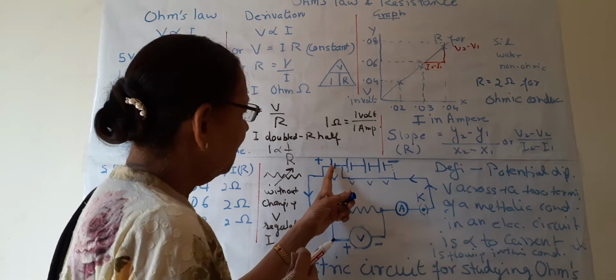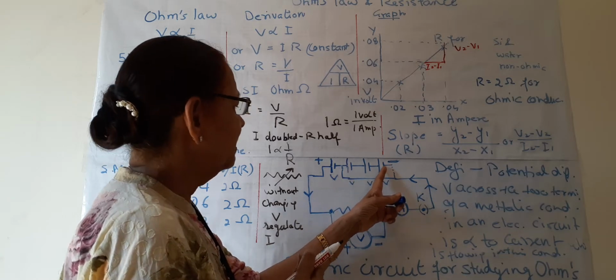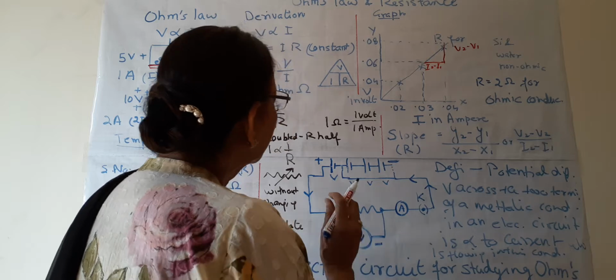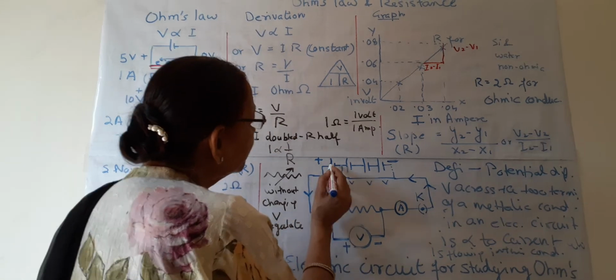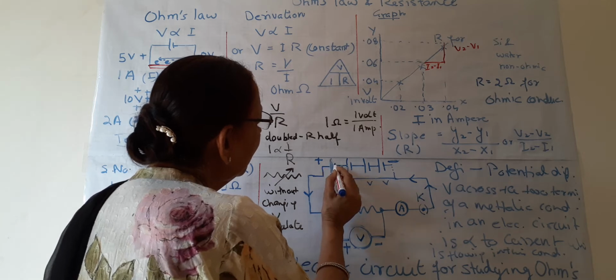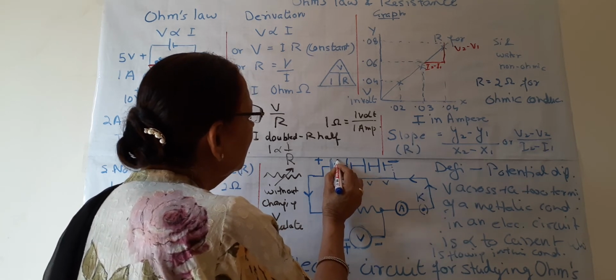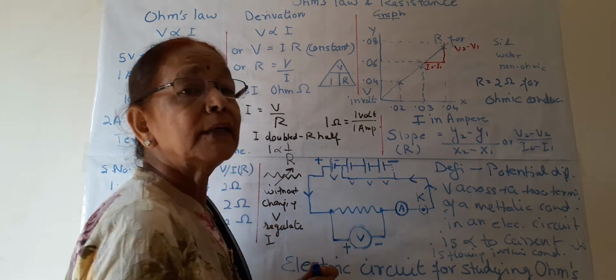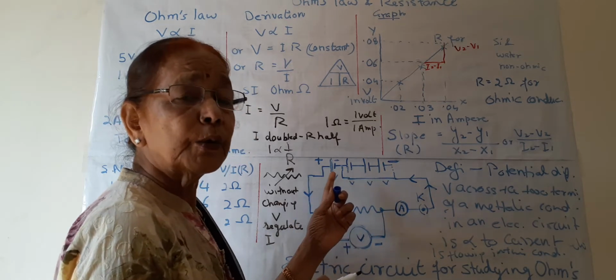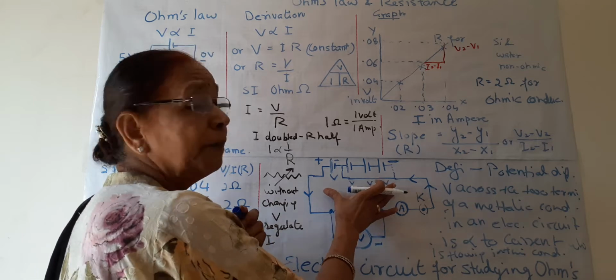First, these are different cells: 1, 2, 3, 4. Four cells are there, and this is the positive terminal of the cell, which is denoted by a long line, and a short thick line is the negative terminal of the cell. Now these 4 cells are joined together and they form a battery.